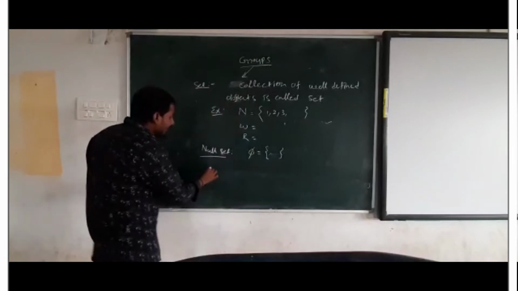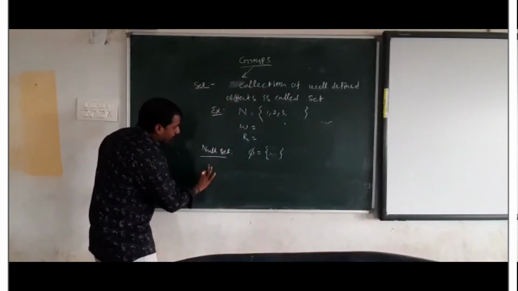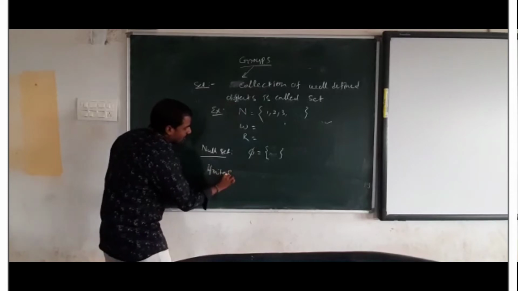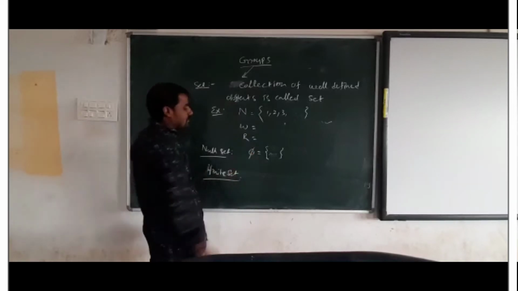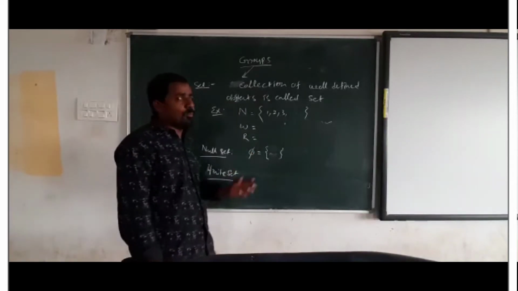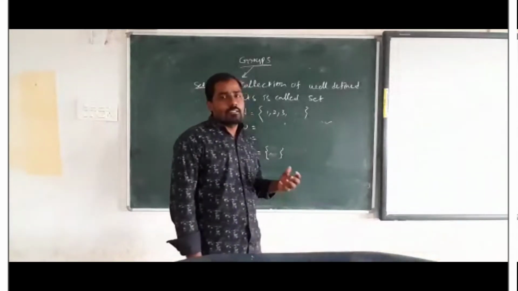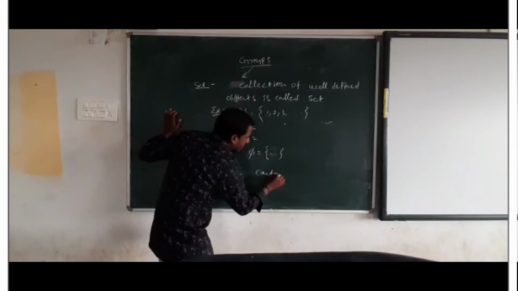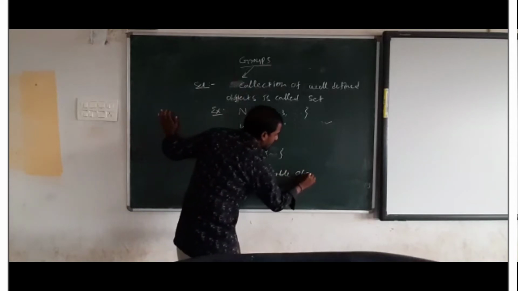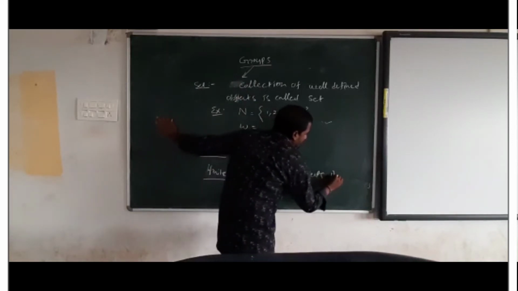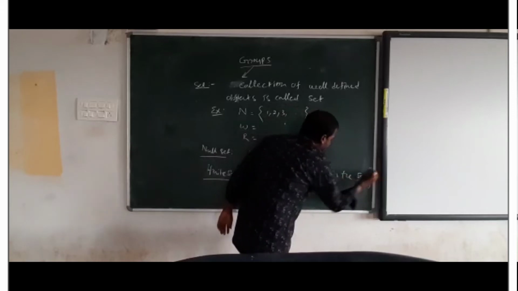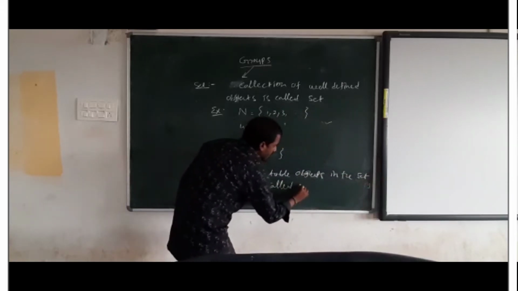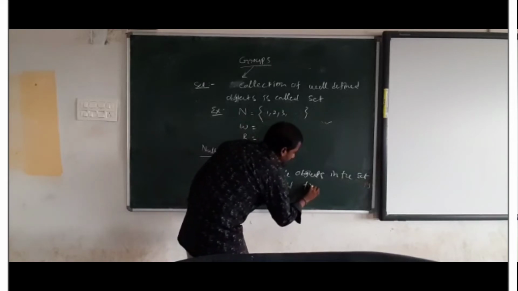Next, finite set. Next definition is finite set. A set with countable objects is called a finite set.